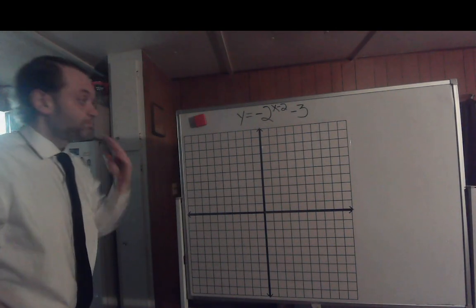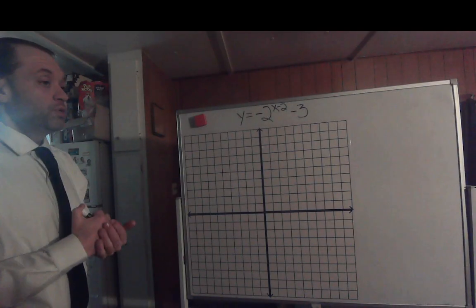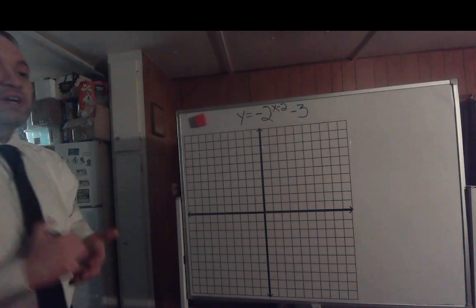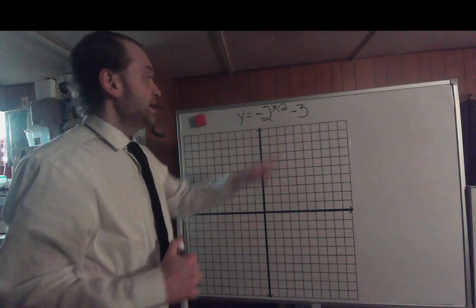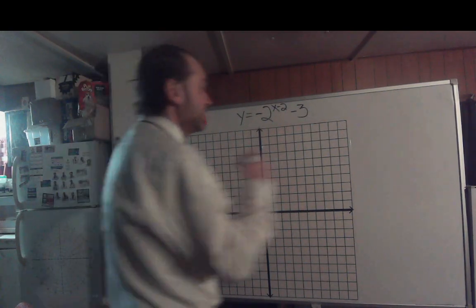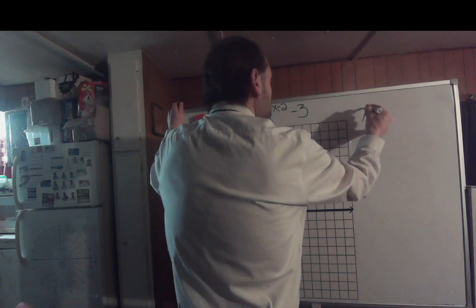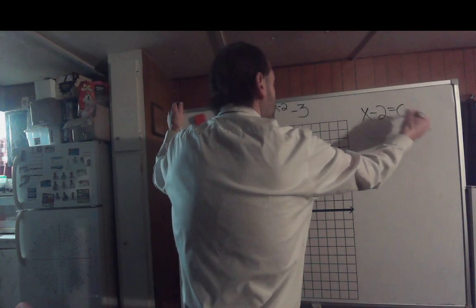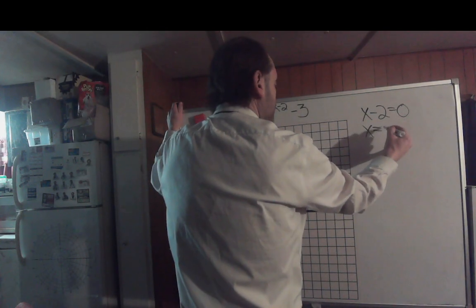Okay. So, if you want to find your starting point, take that x minus 2, set that equal to 0. So x minus 2 equals 0. That would give you that x equals 2.